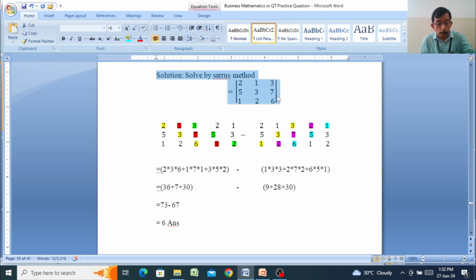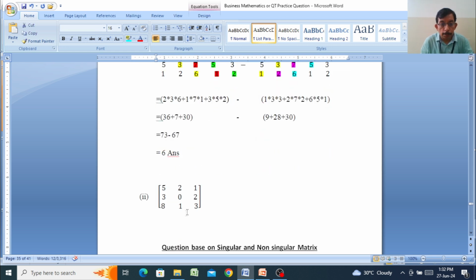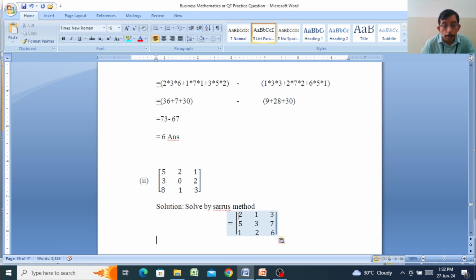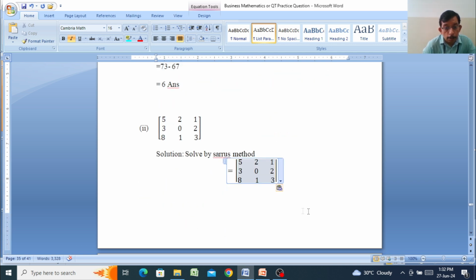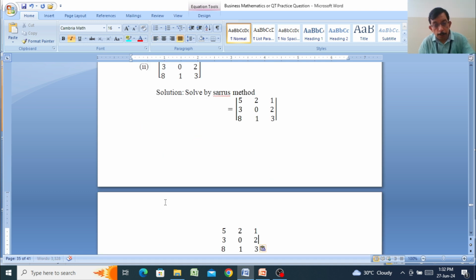Now the second problem solved by the Sarrus method. Note down the value here and write down here. Now paste the value.